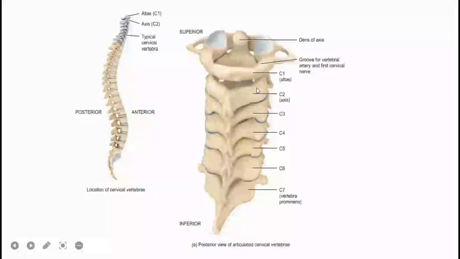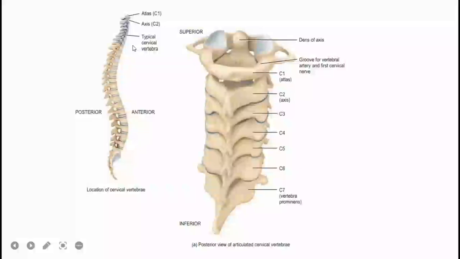Then the axis is also different only for a few structures, which include the dens or the odontoid process. These are the facet articulation with occipital bones to form a joint known as the atlanto-occipital joint.